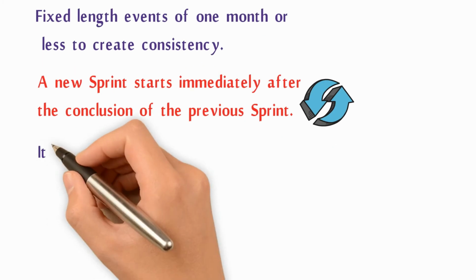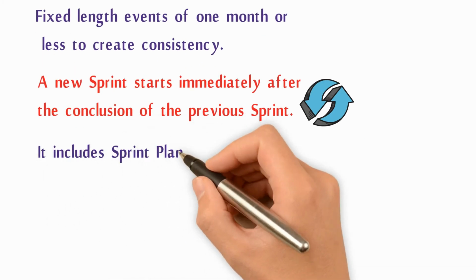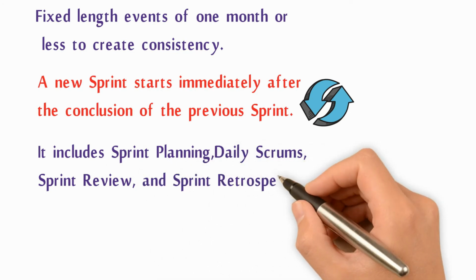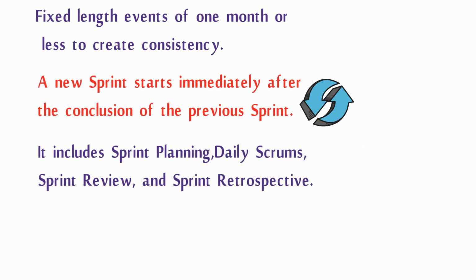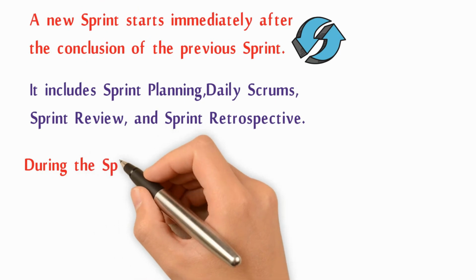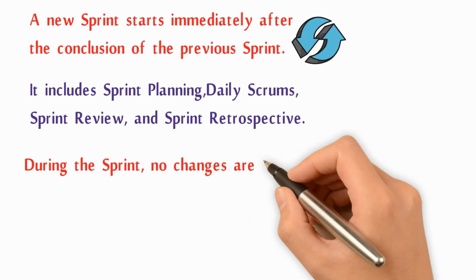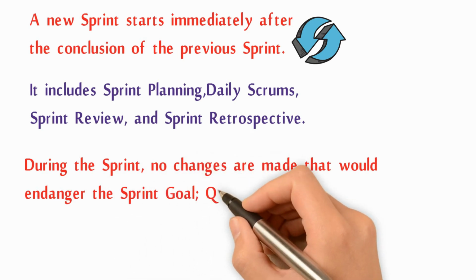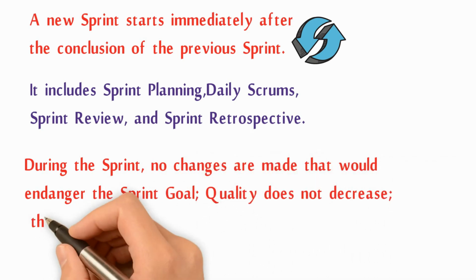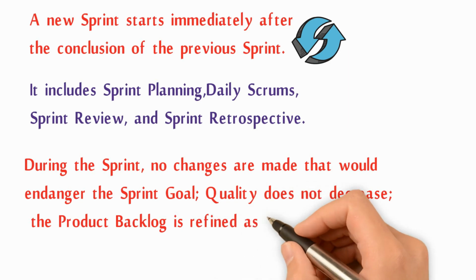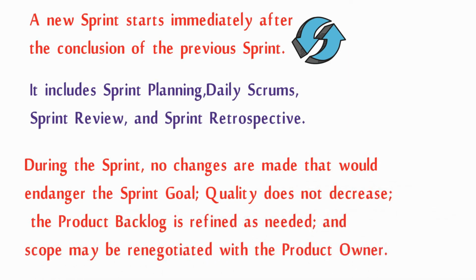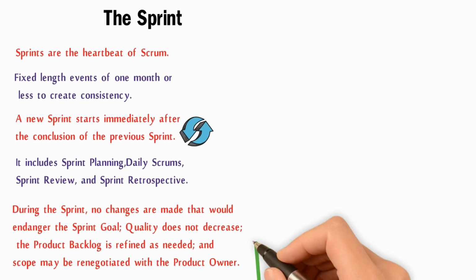It includes sprint planning, daily Scrums, sprint review, and sprint retrospective. During the sprint, no changes are made that will endanger the sprint goal. Quality does not decrease. The product backlog is refined as needed, and scope may be renegotiated with the product owner.